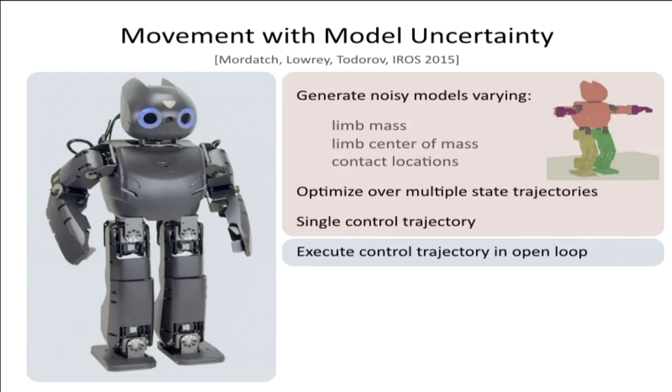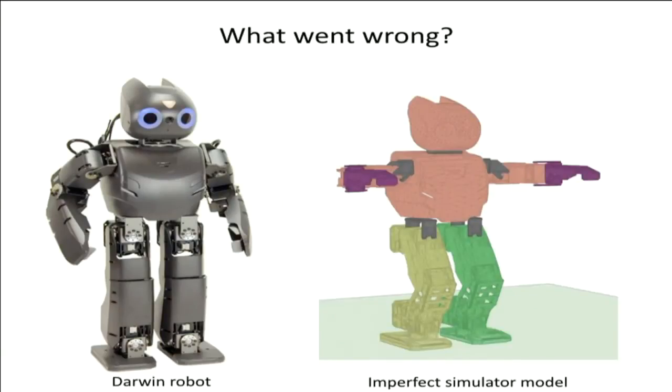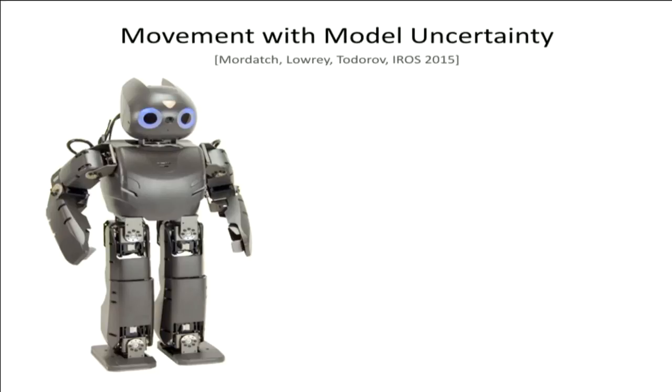We had some uncertainty in there. For example, we did not know what the individual geometry would look like. The feet might have small height differences between the model and the real robot. We may not know the masses of all the limbs exactly, or say their centers of mass. And so we were just guessing at them.